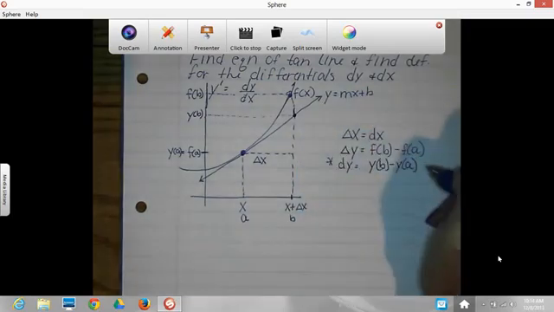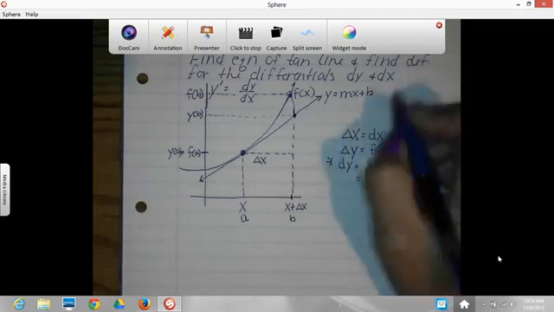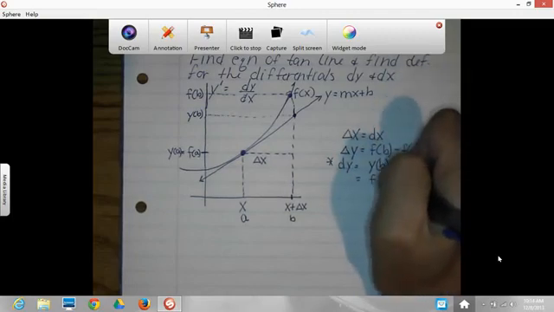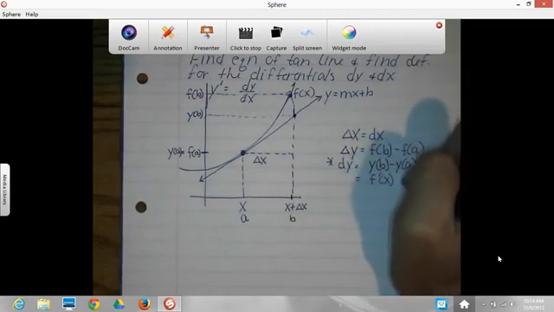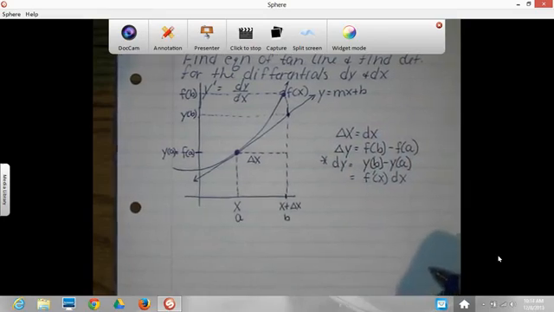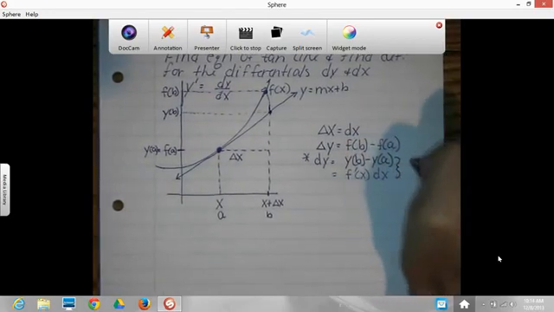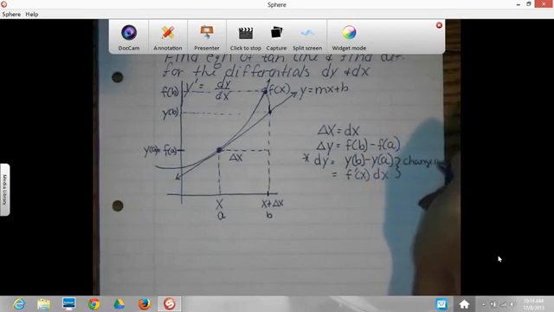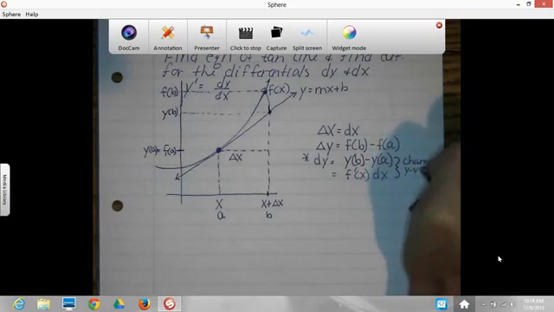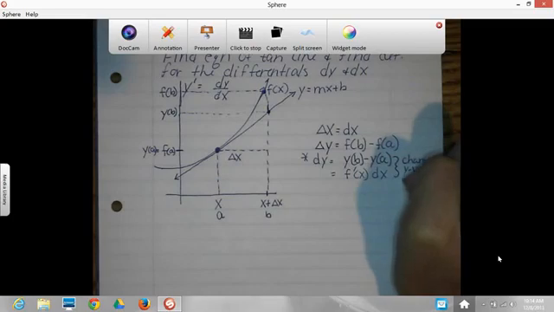There's another way to get this answer without doing a tangent line, and its definition is f prime of x times dx. So both of these yield the same answer, and it's the change in y value on the tangent line, or for the tangent line.